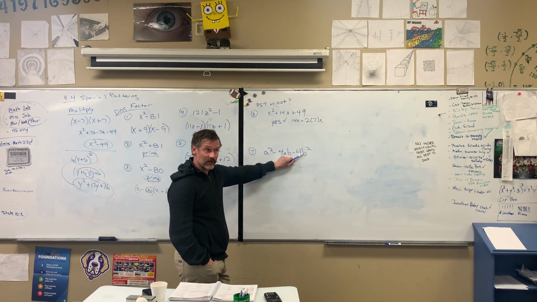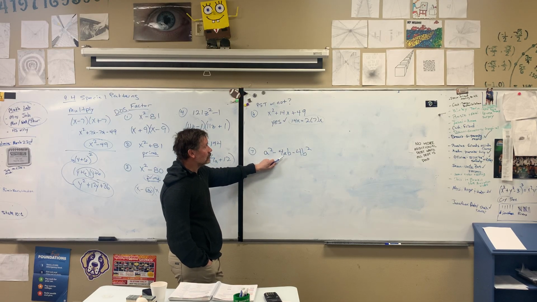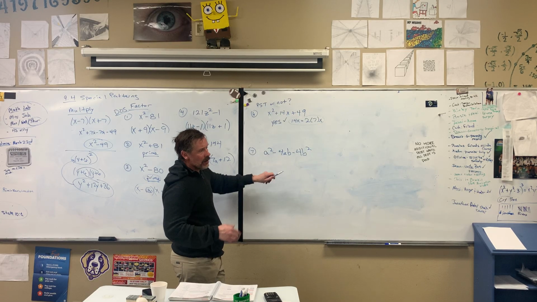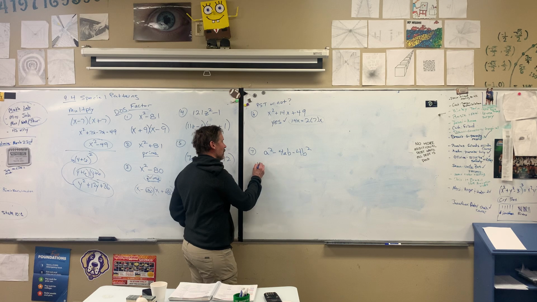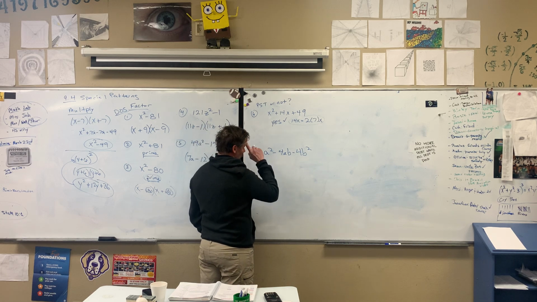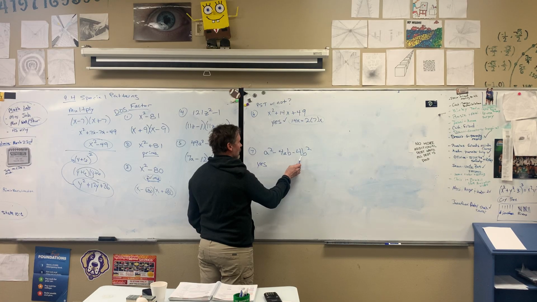Sure, b times b. And then is this made up of 2a times 2b? Or I guess it would be 2ab and 2ab, giving you a total of 4ab. Well, it kind of looks that way. Let's check this out. You might say yes because if this is 2b and this is a, 2ab and 2ab would give you 4ab. But let's check this out.